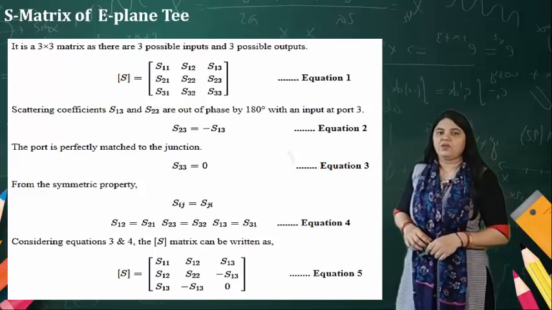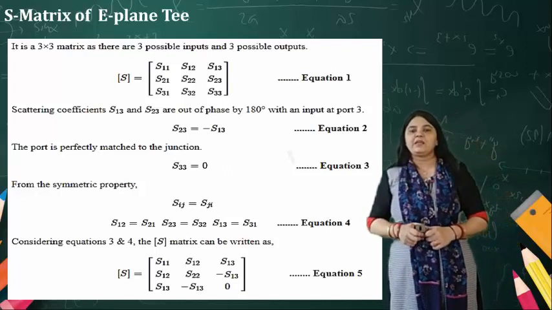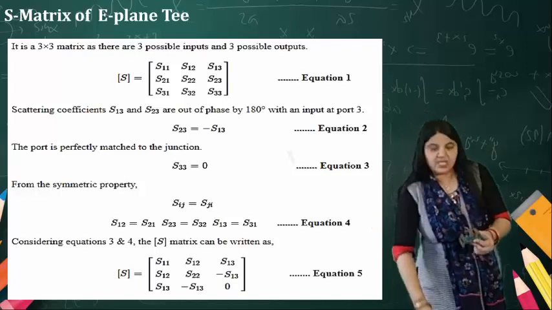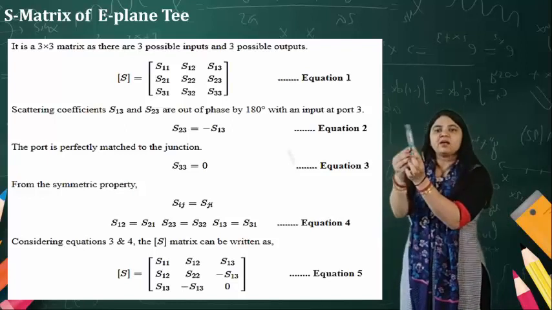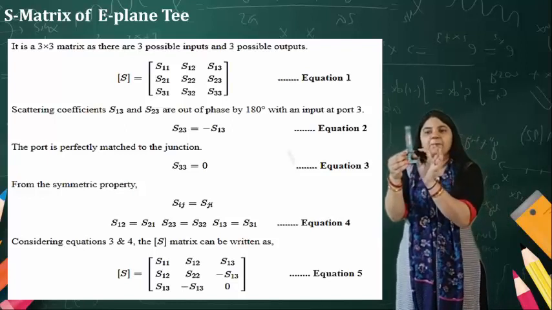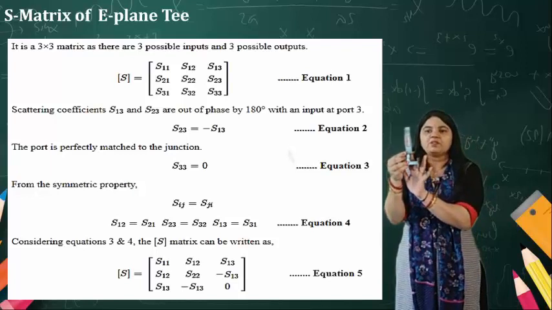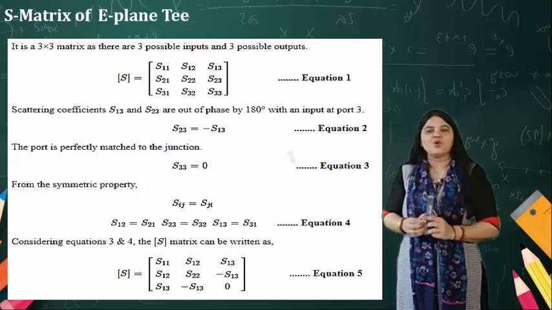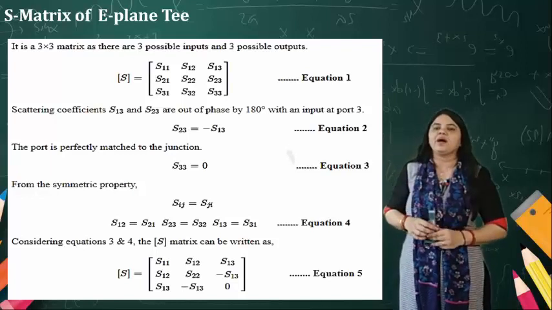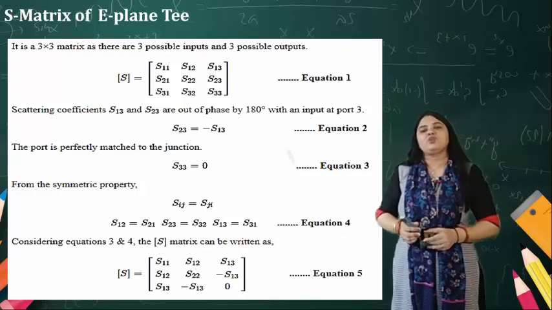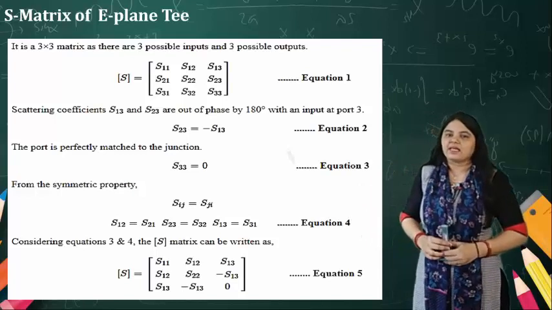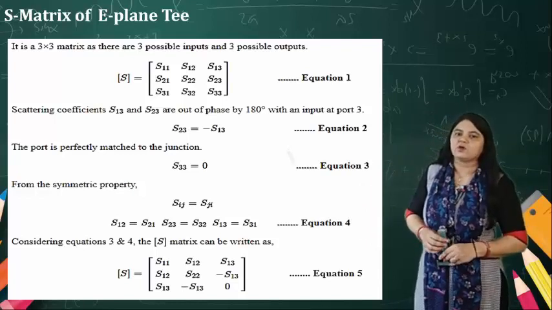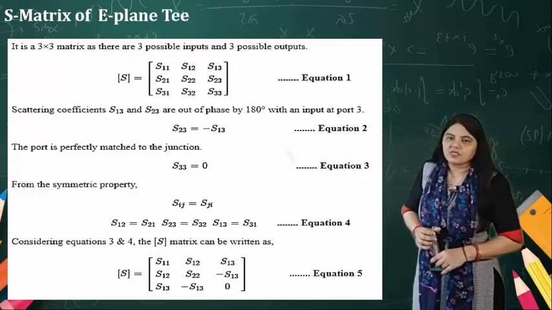Now if the port is perfectly matched to the junction, meaning port 3 is perfectly connected with a matched load and I am applying the input from port number 3, there is no output at port number 3. So the diagonal element is 0, S33 is equal to 0.